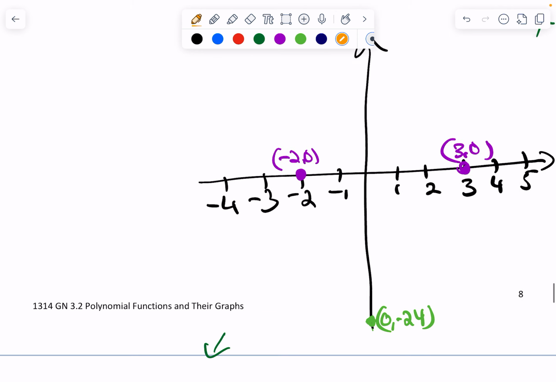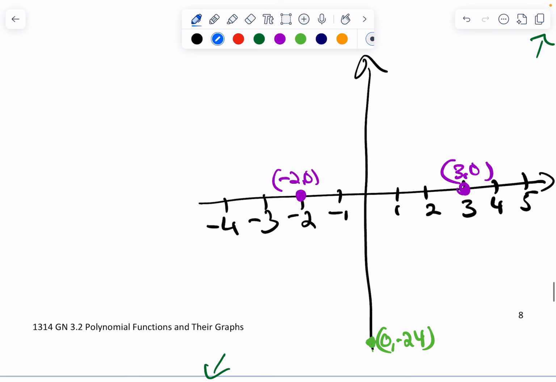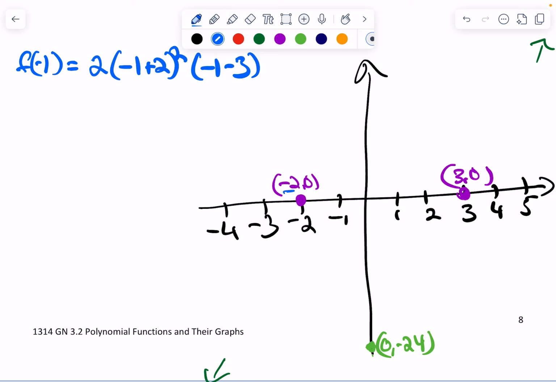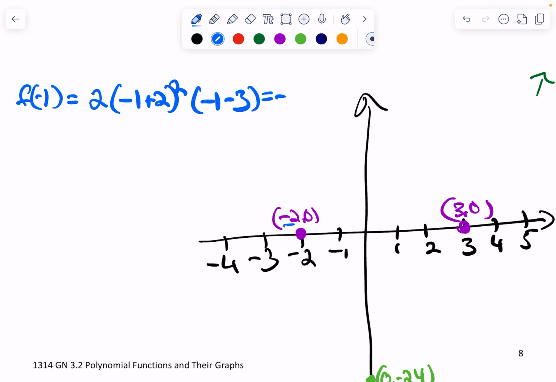So what we need to do is calculate a couple of points here. Since we have a -2, we're going to do f of -1. So plugging in that number, 2 times (-1 plus 2) squared times (-1 minus 3). So this is going to be -8.